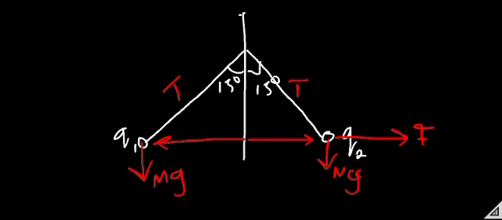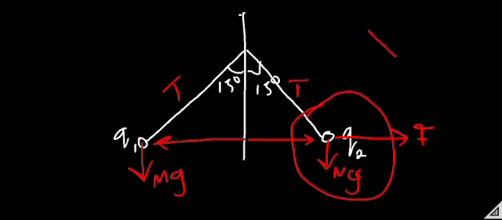If we take away this part and zoom into it, we have something like this. I have here to be T, here to be F, and here to be mg.